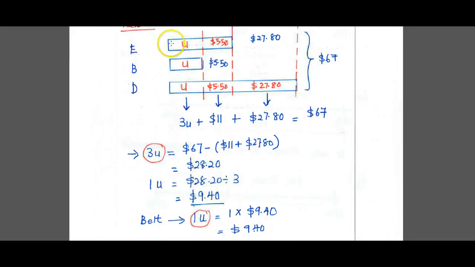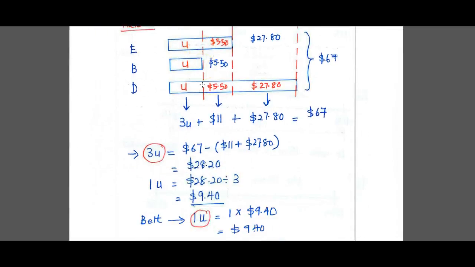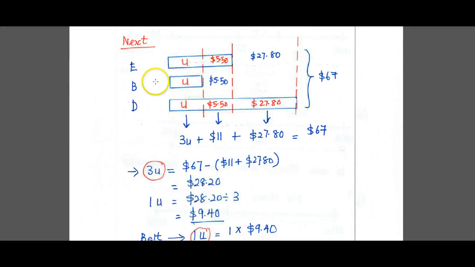Now, what is the question? The question is to find the cost of a belt. So a belt here. The question is find the belt. It means find this. The belt happens to be U, right? If we draw a line here, these 3 unknown parts, I'll put as U. 1U, 2U, 3U.